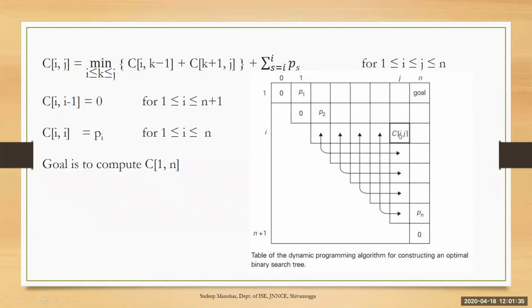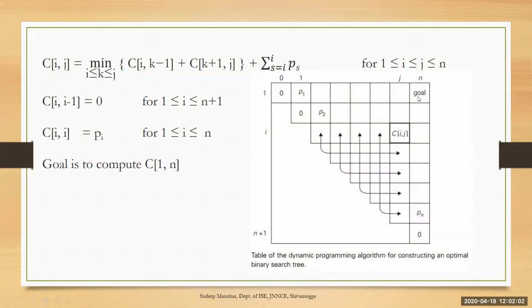That means if you consider a subtree with the nodes 3 and 4, that means the third node and the fourth node, this cell gives the minimum average comparisons that are needed to search the key in that particular subtree.